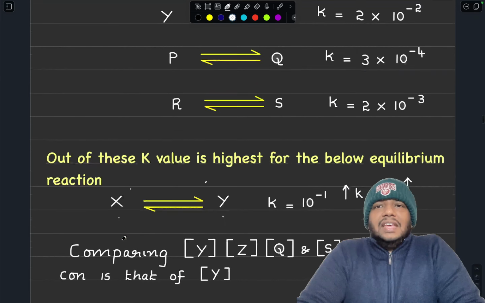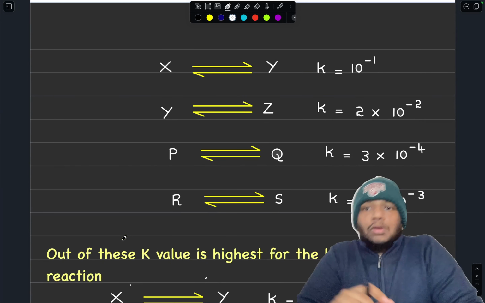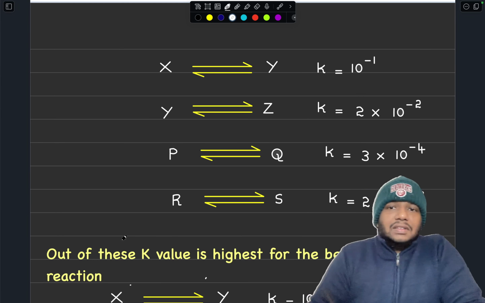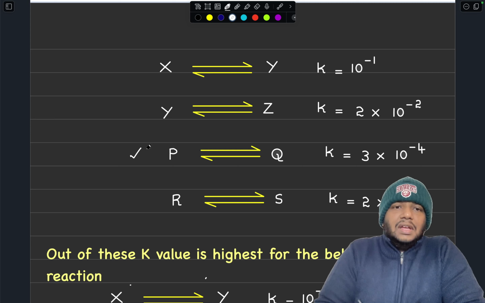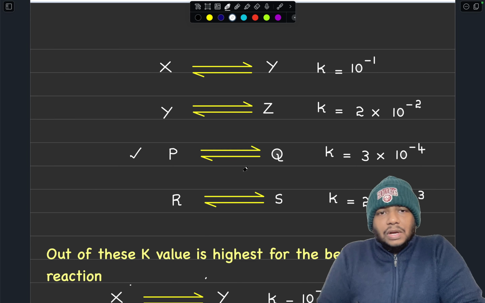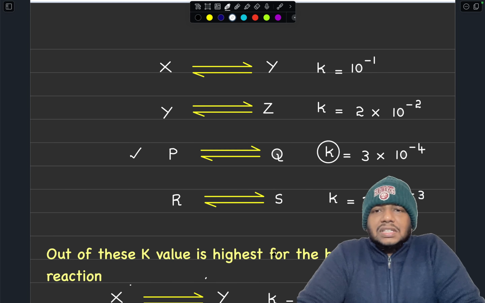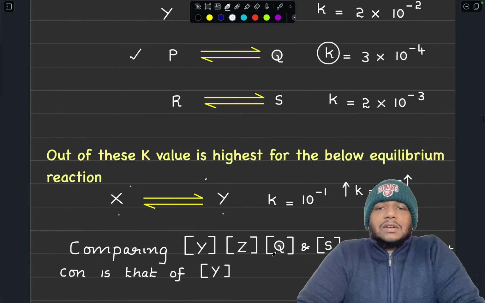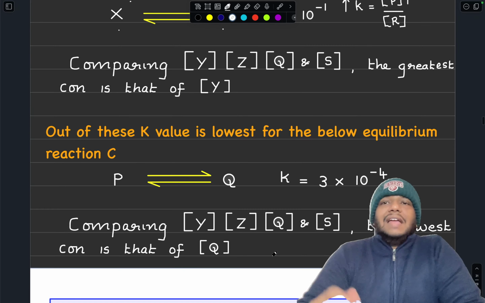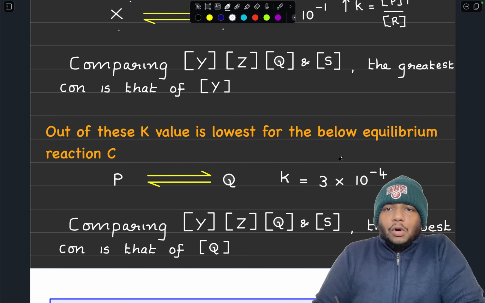Now let's see in which of the following reactions the K value is lowest. When we analyze this, we can understand that in the third one, where P is getting converted to Q and Q is getting converted back to P, the K value is the lowest, because it is 3 into 10 power minus 4. Correct? So what is the impact of that? What does it mean that the K value is lowest?